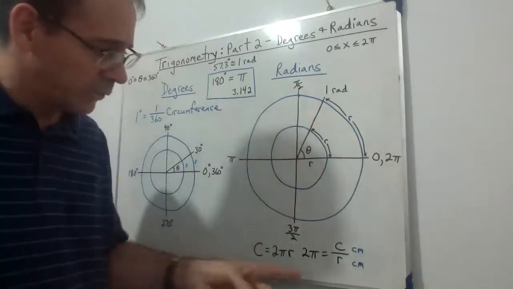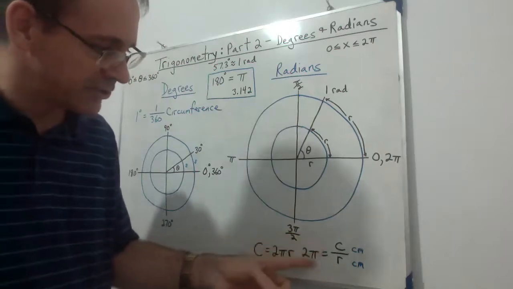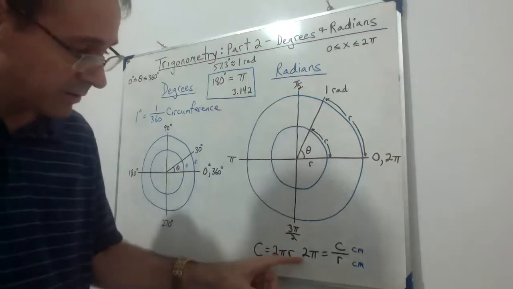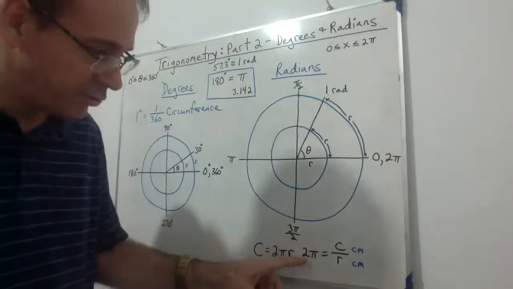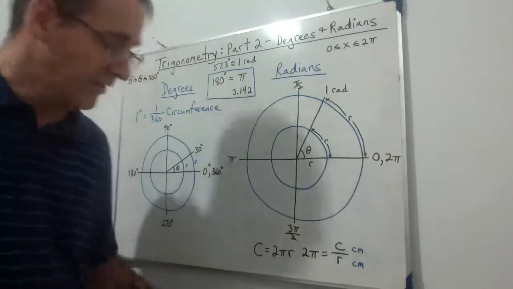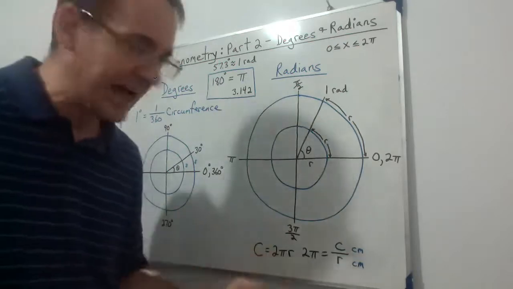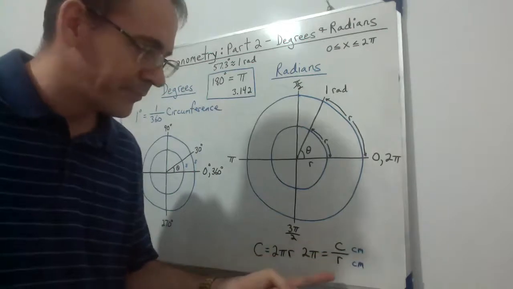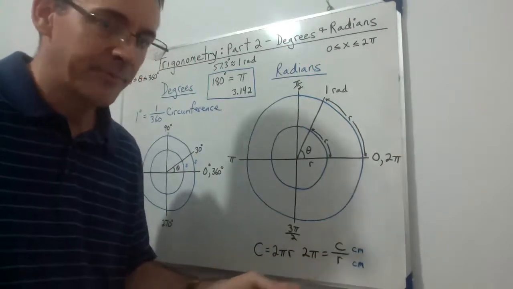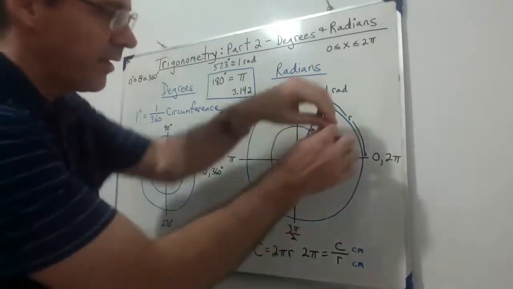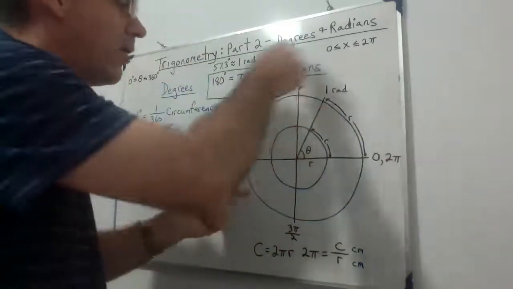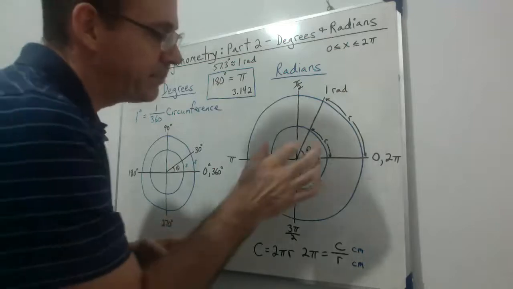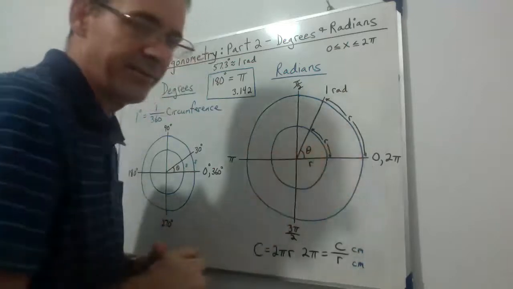So when we're looking at our complete circle in radians, the 2 pi by itself, we see that radians is actually the circumference divided by the radius. In other words, the length around the circle divided by the length of the radius.